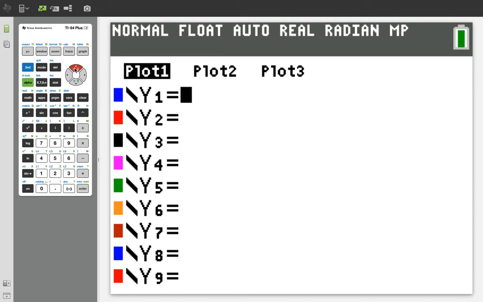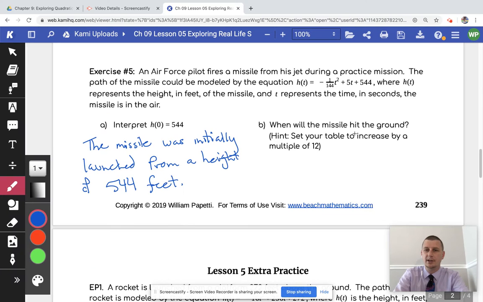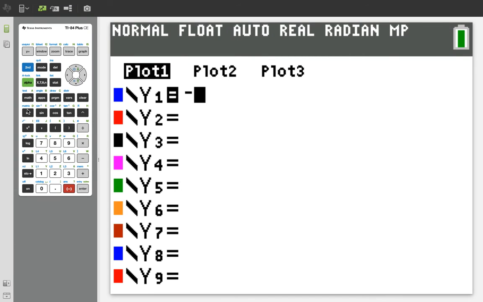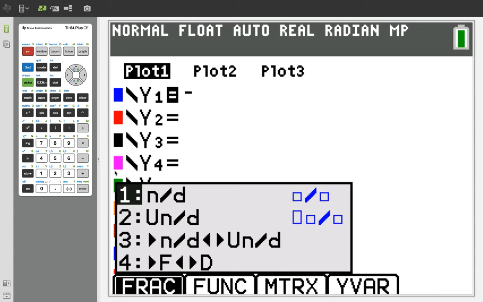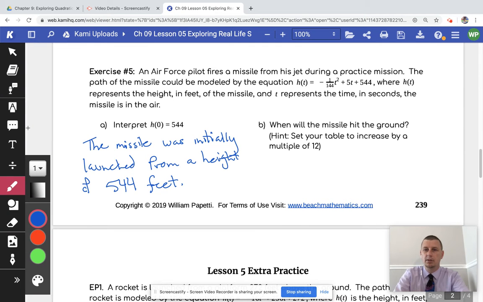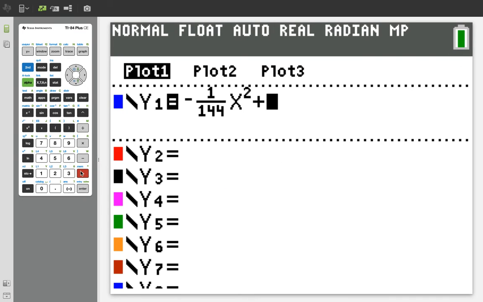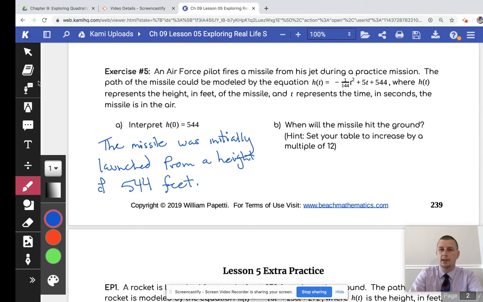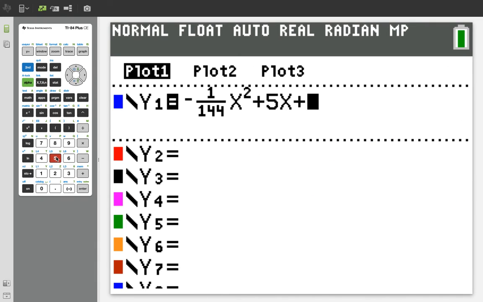And in my y equals, I'm going to put in my equation negative, and then I'm going to have a fraction 1 over 144 x squared plus 5x plus 544.